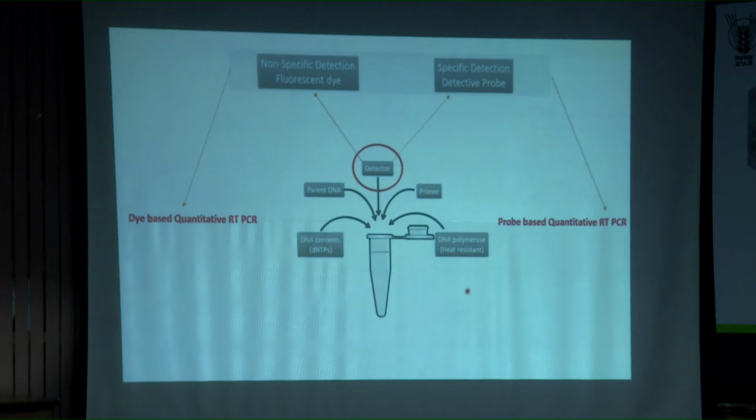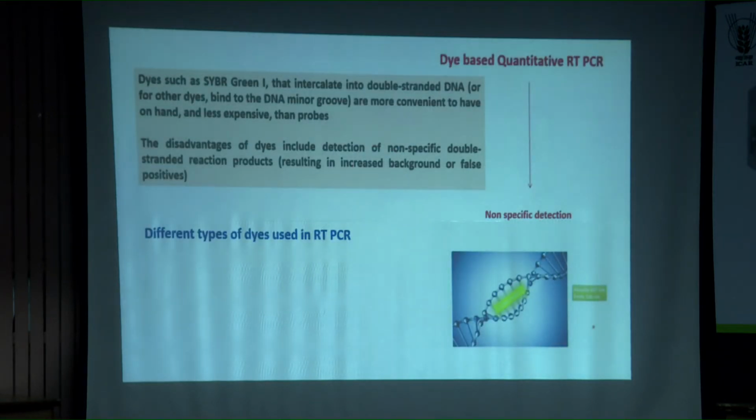Right, so the take-home message from this particular slide is we have 2 different parallel detection methods in qPCR. One is dye-based, another one is probe-based. We'll just move ahead. Let us take the first one, that's dye-based quantitative real-time PCR.